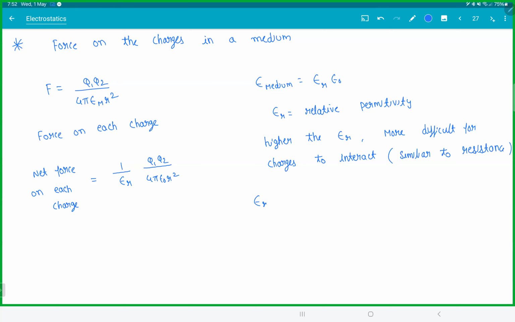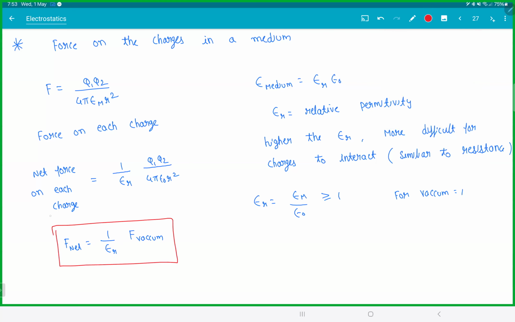So this epsilon relative is nothing but epsilon medium by epsilon naught. This is always greater than or equal to 1, right? And for vacuum, we take it as 1. So if you look at this, the net force on each charge is actually 1 by epsilon r times the force in vacuum. It means if you keep the two charges in a medium, the force on each of them decreases to 1 by epsilon r times.